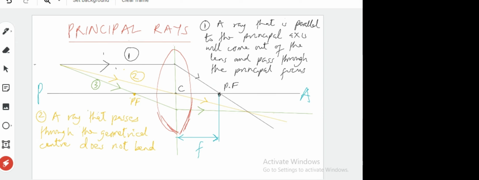So we just need two out of the three principal rays. If you draw the third one, it just confirms where the other ones already met. I can decide to use only 1 and 3, and they will meet here. If I erase the second one and only do 1 and 3, it will still meet at that point. So I need only two principal rays to determine where they will meet.